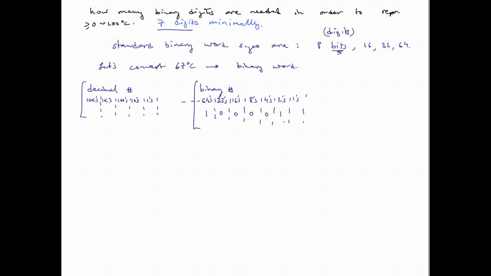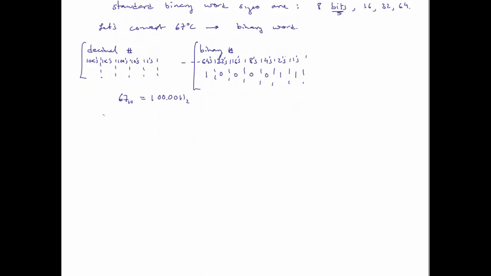Yes, there's one 2. We subtract that 2, and that leaves 1. Are there any 1s that fit into 1? Yes, there's 1. So 67 base 10 equals 1000011 base 2.